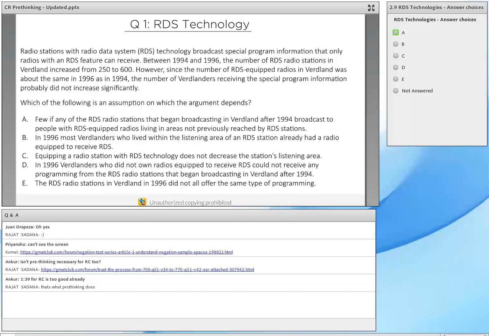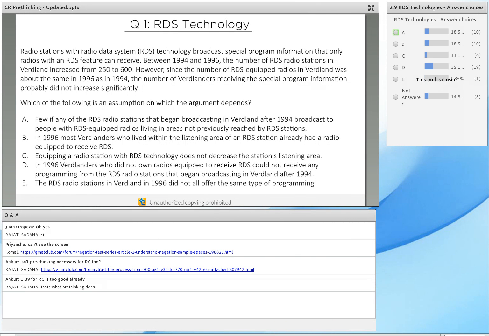Okay, almost 80% of the class is done. 5, 4, 3, 2, and 1. I'm going to end the poll. I'm going to broadcast the results.